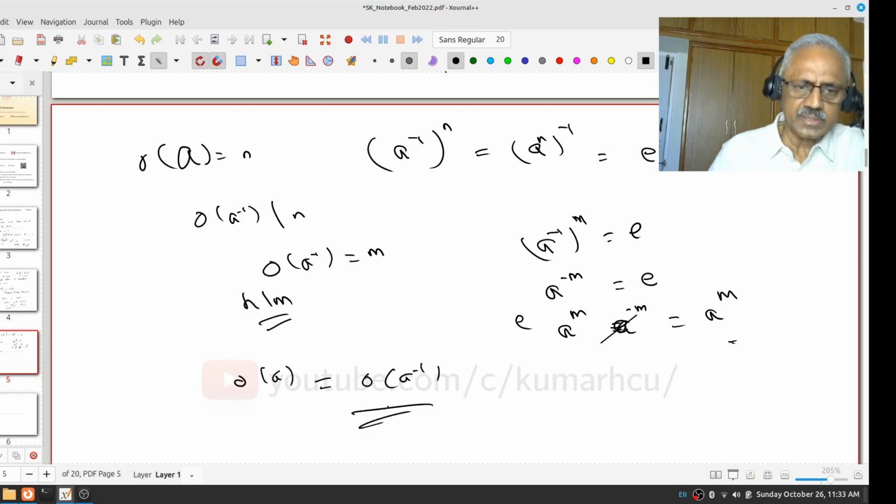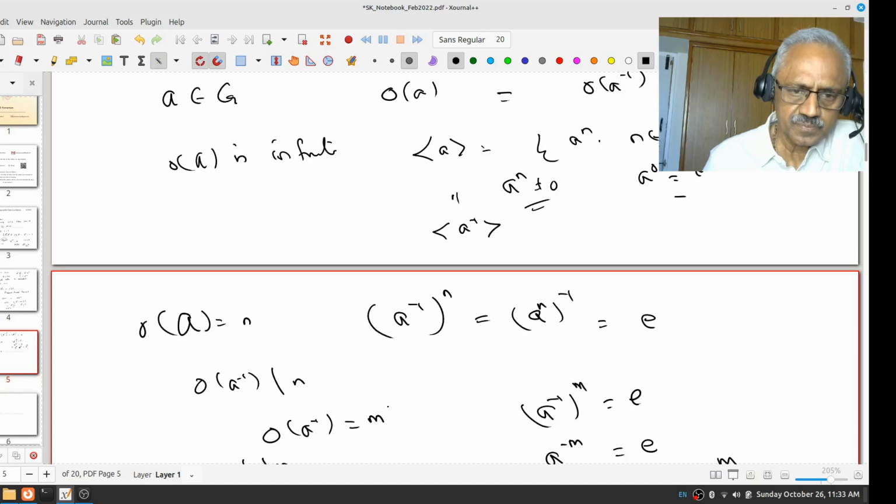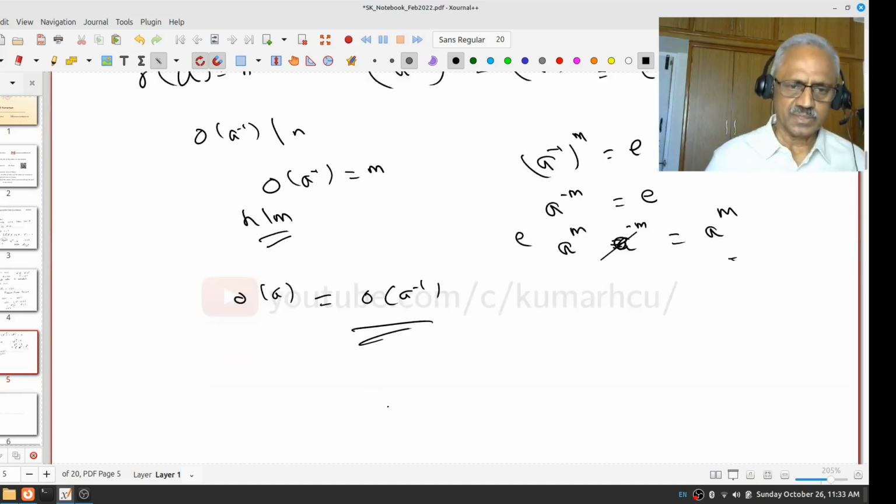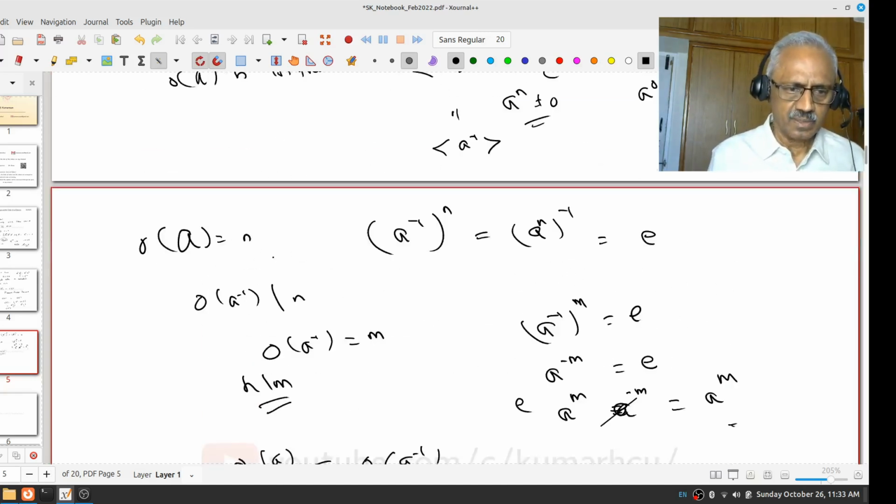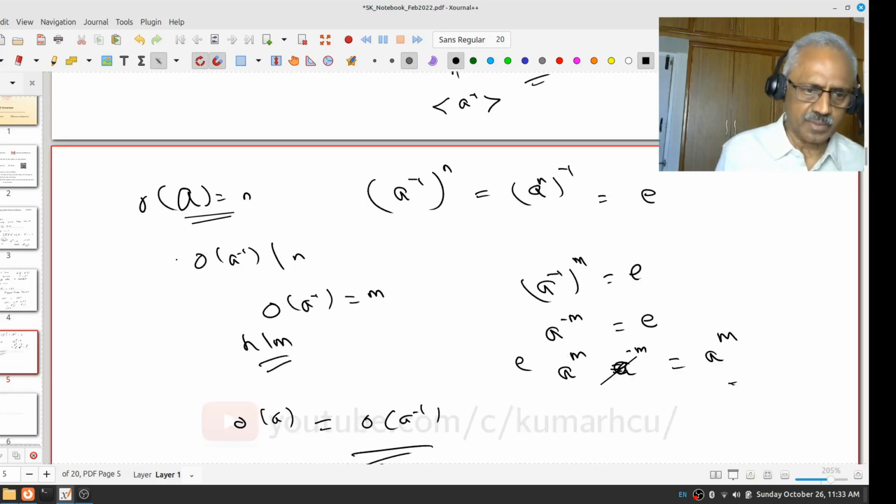Make sure you understand this, don't get confused. Okay, don't assume such things. Are you following? Suppose the order of a is n, then I want to prove the order of a inverse is n. First I will show that a inverse to the power n is by definition a to the power n inverse, but this is identity because a to the power n is identity. Therefore, if the order of a inverse is m, then m divides n.